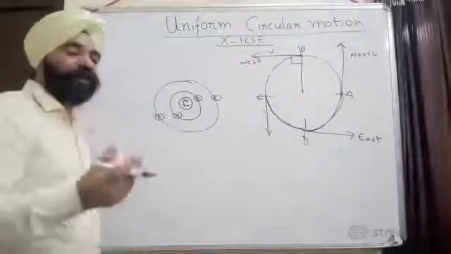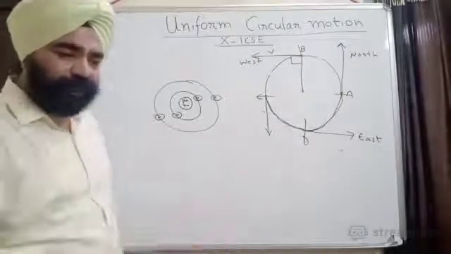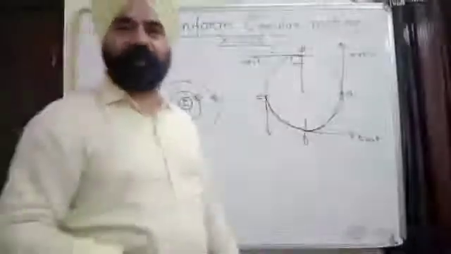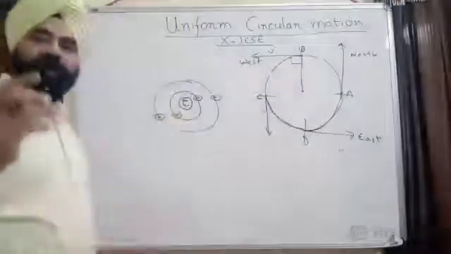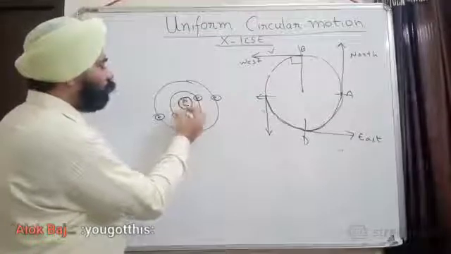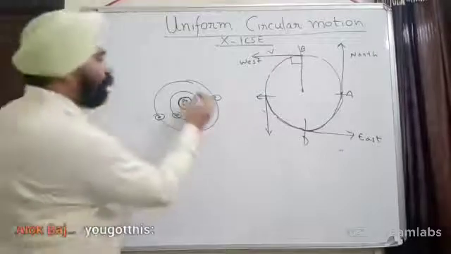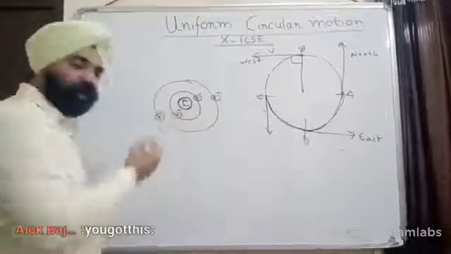Yes, we have a centripetal force acting, and it is the electrostatic force, and you are absolutely right. We know that we have the protons here, which are positively charged, and the electrons are negatively charged.